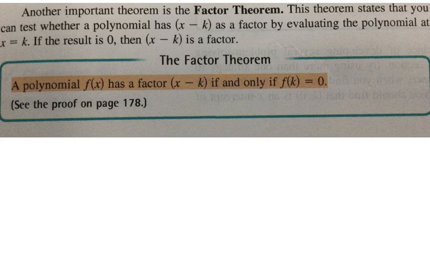The factor theorem says if you get a remainder of 0, then that means the thing you plugged in is an x-intercept. Because think about what's really happening. We're plugging in an x value. Say we plug in 3. What we get out is the y value, which would be 0.